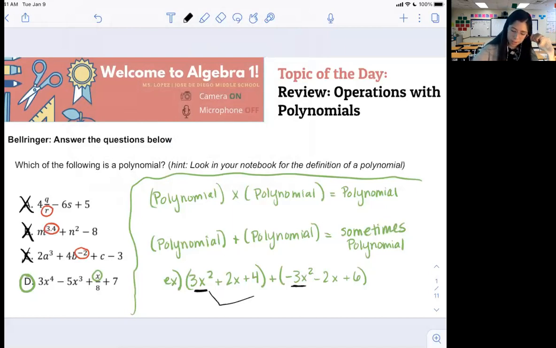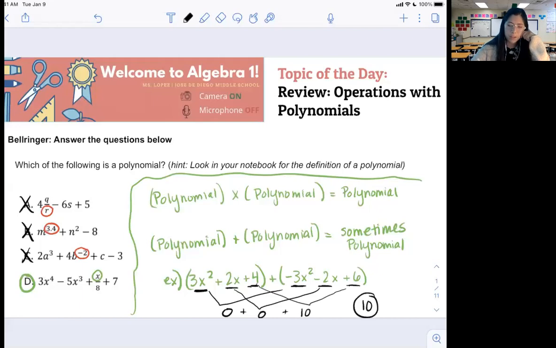So when I combine these two, I get 0. What's another pair of like terms? Positive 2x and negative 2x. What do I get? Also 0. And then finally, I have 4 and I have 6. What do I get here? 10. So I get 0 and 0 and then 10, making my final answer 10.